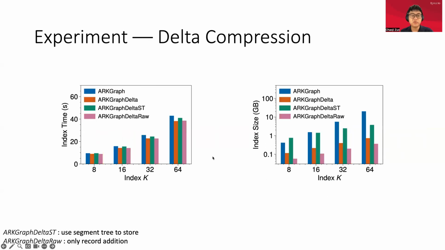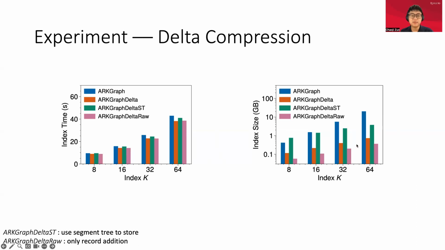And here we evaluate the data compression efficiency. Here we have two different indexes to store the data information. One is using the segment tree, and the other one just records the addition. We can see the index times are similar for all four methods, because the sorting time will dominate the whole indexing part.